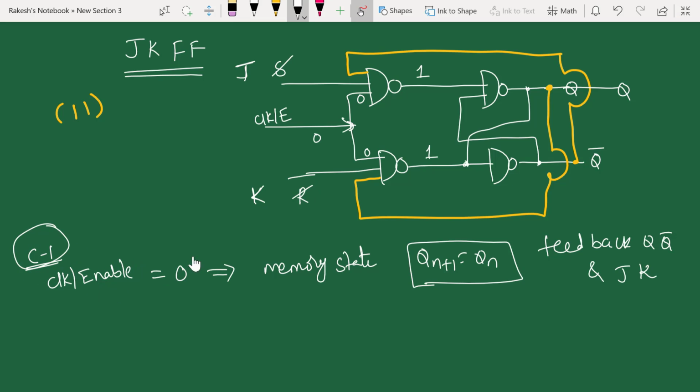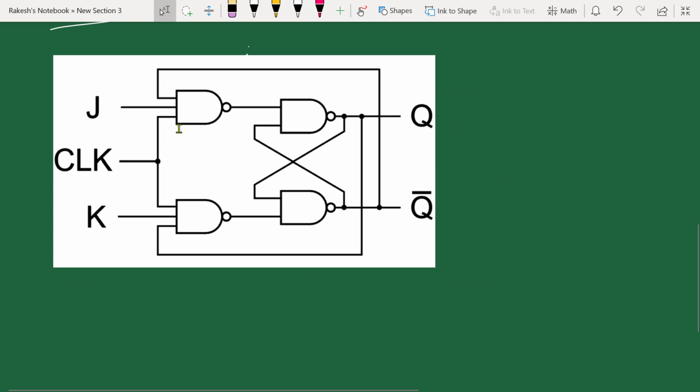Then it is very clear that when clock or enable is 0, your circuit remains in the previous state forever. Now I am going to consider clock equals 1. When clock equals 1, I am supposed to consider all possible combinations of J and K. Now we'll see one by one all the possibilities of J and K in a moment. Now let us consider the second case.